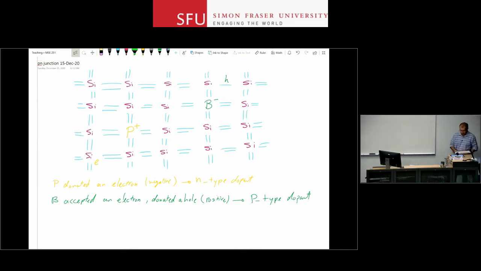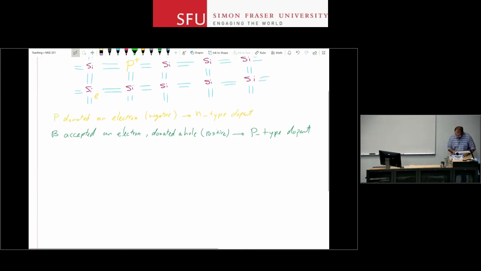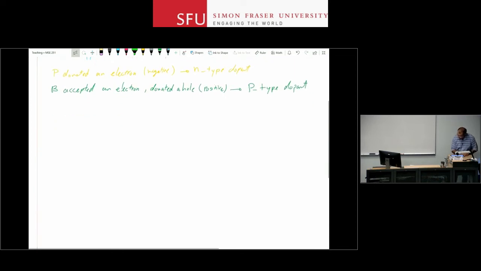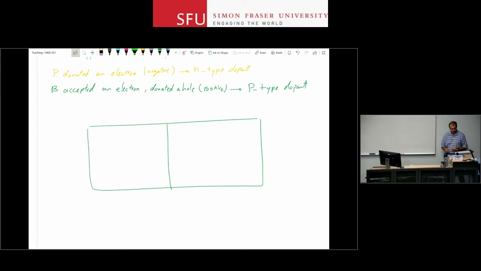An interesting thing happens when I bring a P-type piece of silicon and put it really, really close to an N-type piece of silicon. So in this case, for example, let's say I had a configuration like this. So a border between the P side and N side.